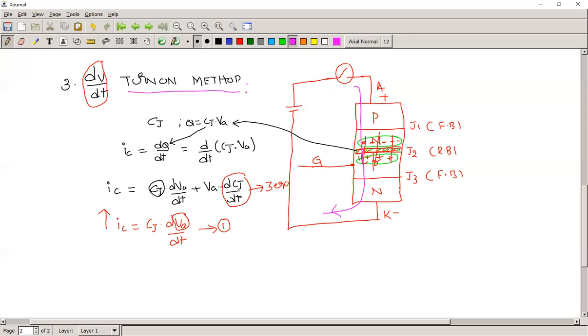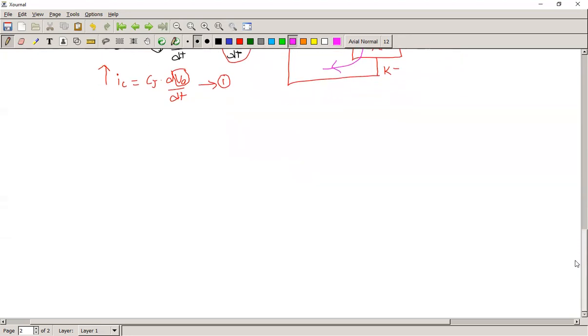Now the fourth one is the temperature turn-on method.